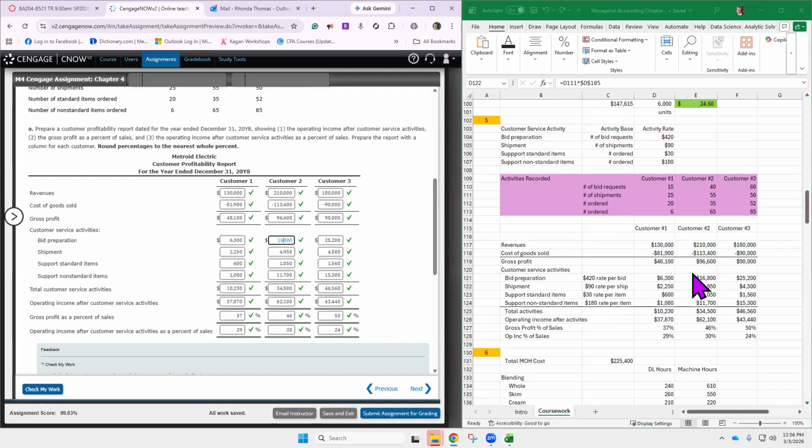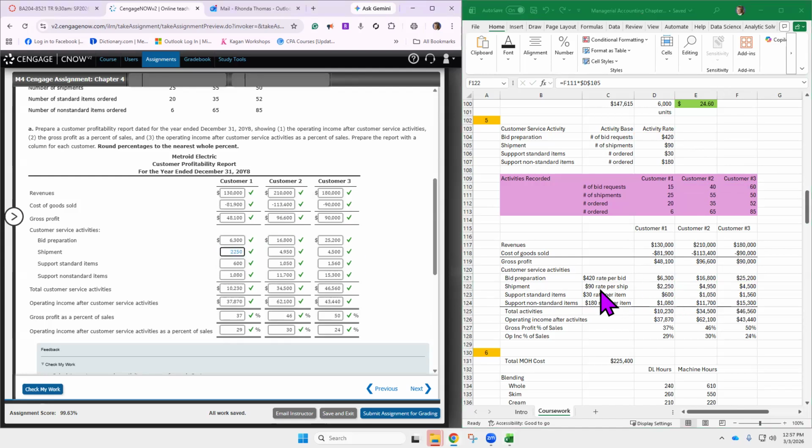If you take customer 2, which is 40 bid requests times 420, you get 16,800. And for customer 3, you take 60 bids times $420, and you get 25,200. So there are your bid preparation costs for each customer.